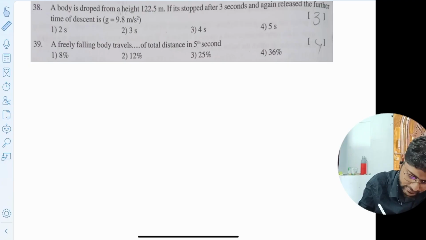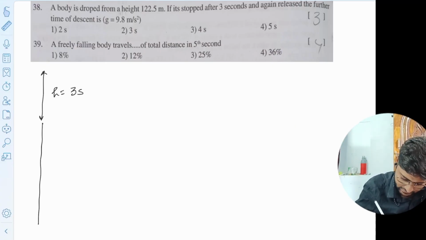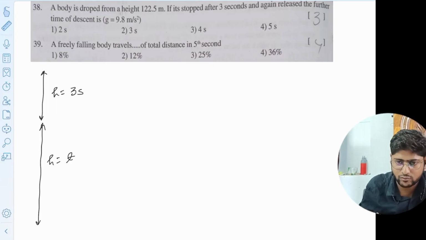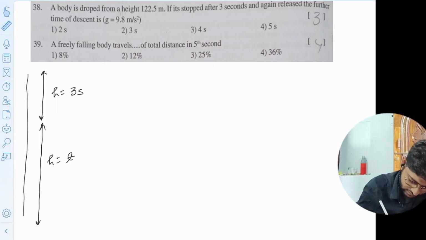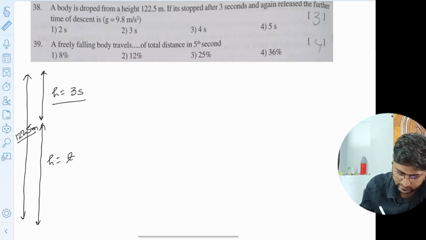First, suppose this is the height in 3 seconds, and this is the height in time t which we have to calculate, and total height is 122.5 meter. So first we calculate this height in 3 seconds.